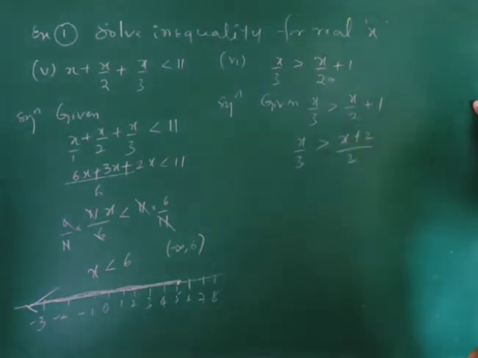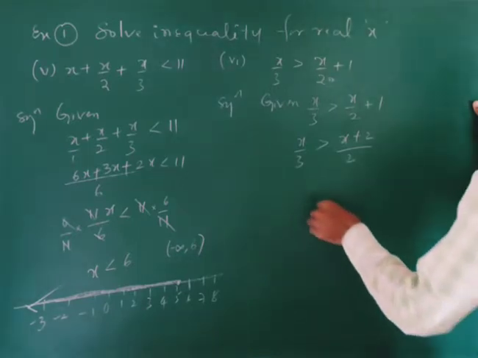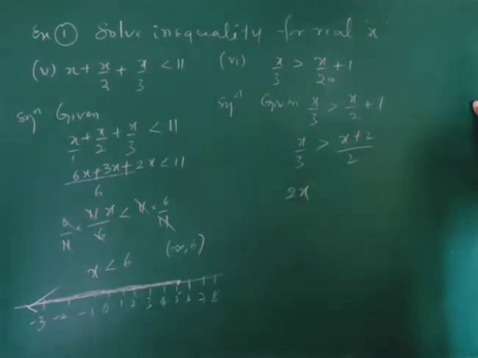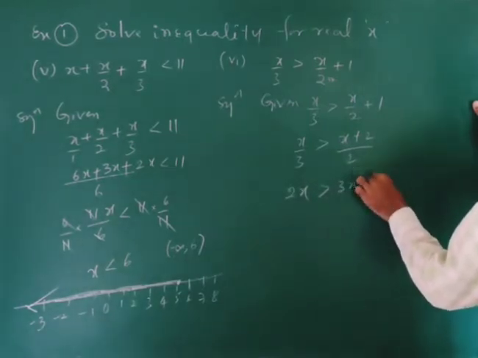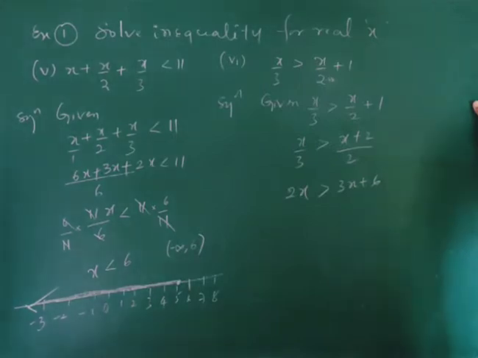Now cross multiply and let's see what we get: 2x is greater than 3x plus 6, right? After cross multiplying we get 2x is greater than 3x plus 6.